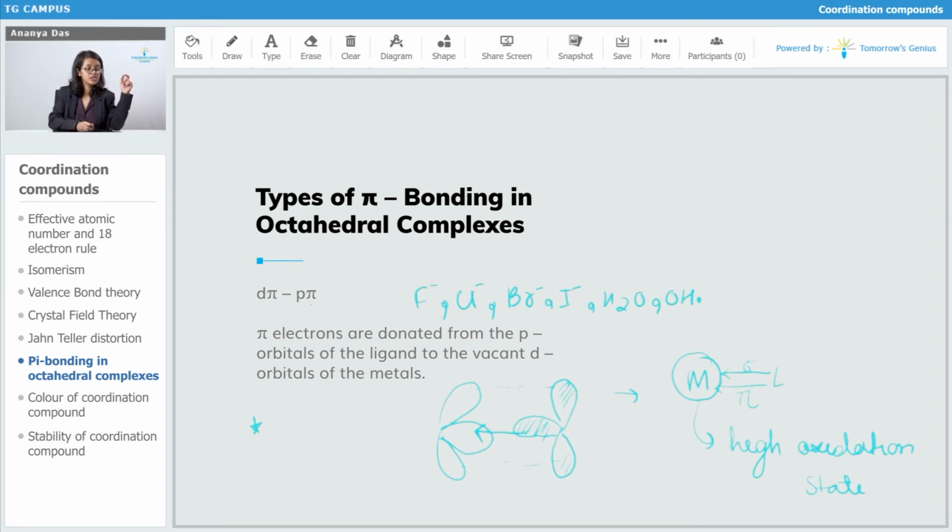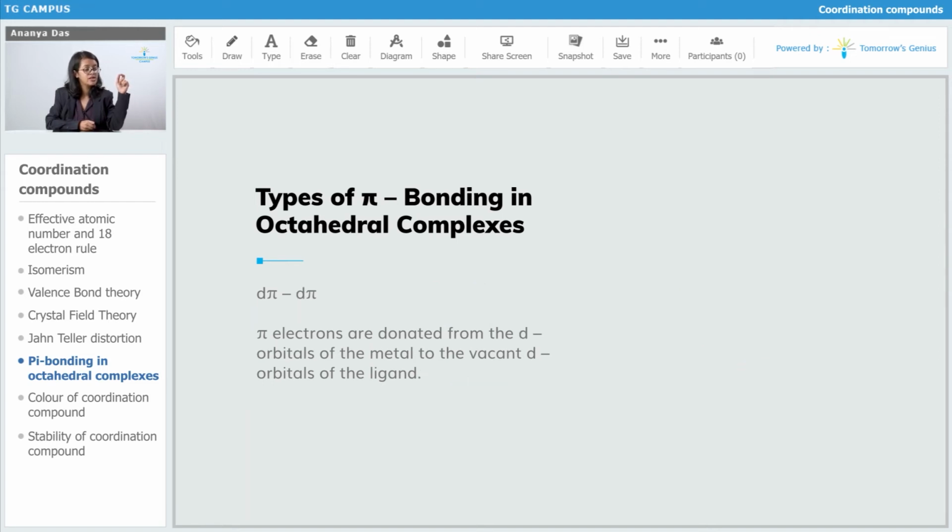So this is your first type of bonding, which is called d pi p pi bonding. The second type of bonding is d pi d pi bonding. In this case, the pi electrons are donated from the d orbitals of the metal to the vacant d orbitals of the ligand. Like when we talk about R3P, R3As, R2S.